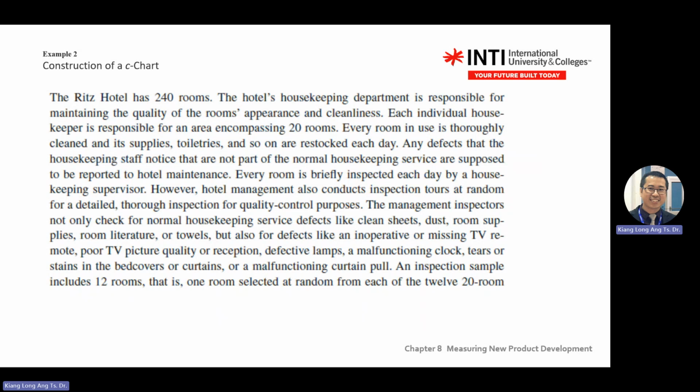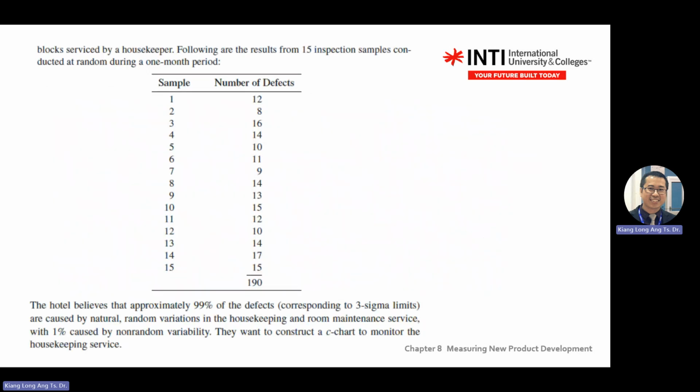An inspection sample includes 12 rooms. That is, one room selected randomly from each of the 20-room blocks serviced by the housekeeper.